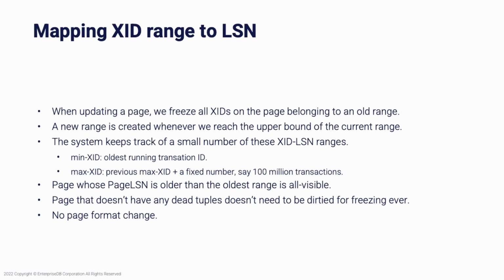That way we can freeze tuples without extra IO cost. A new range is created whenever we reach the upper bound of the current range. A page that doesn't contain any dead tuple doesn't need to be dirtied for freezing ever, which is awesome. And since we don't need to add extra information to the page, there is no page format breakage, which is also great.